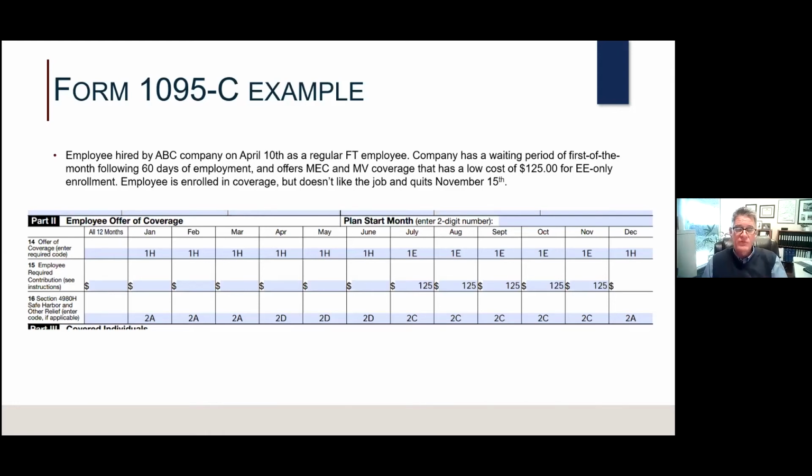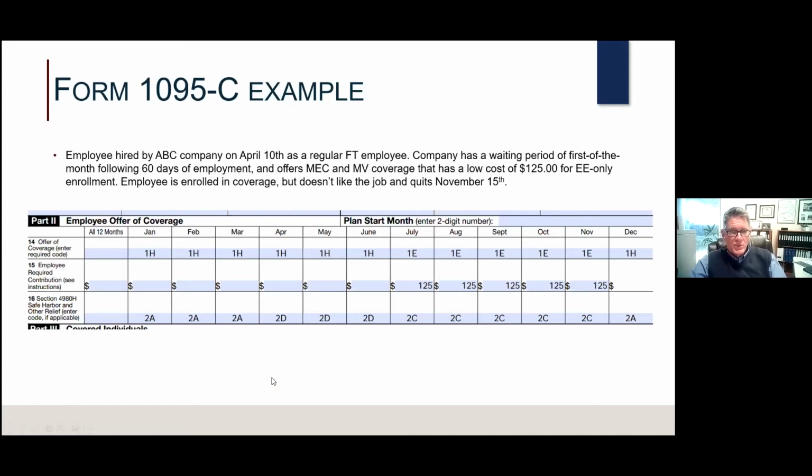The answer is yes, and this is how you would code those months. You can't make an offer of coverage to somebody who doesn't work for you, but you also have to demonstrate to the IRS that you met your employer mandate. So you tell the IRS, we did not offer coverage in these months, but the reason why, for the first 3 months in this example, is the employee didn't work for us.